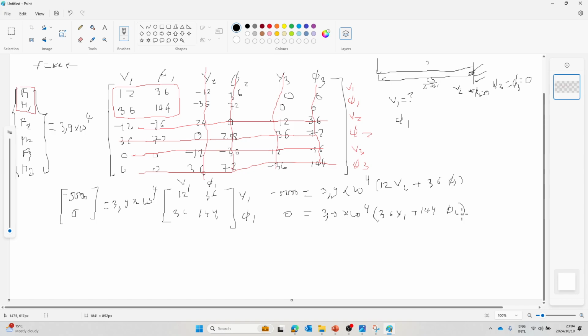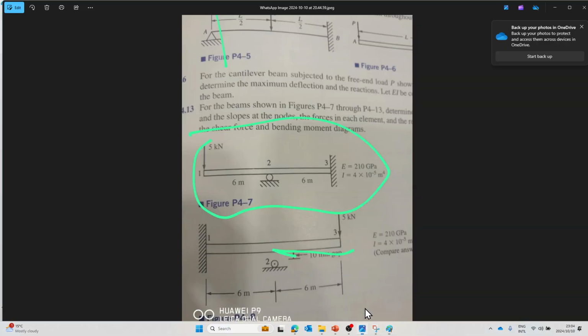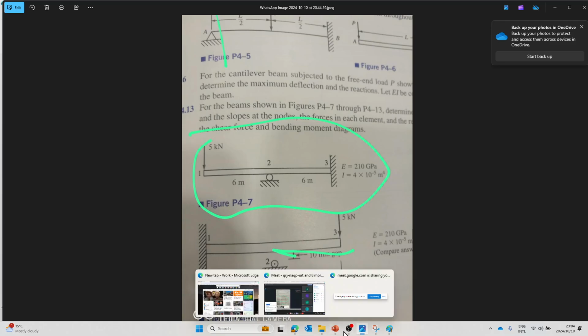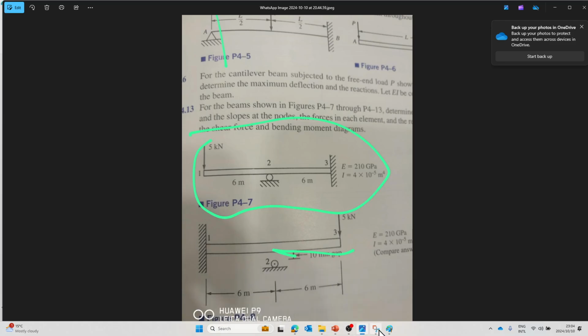We were going to write that 1,000 like that? We don't convert for any other SI unit? Yeah, if it is newton meter, you take it like that, my brother. If it was kilonewton, you have to put it in newton. Here, was it 5 newton or 5 kilonewton, this force? Yeah, 5 kilonewton, which is 5,000 newton.